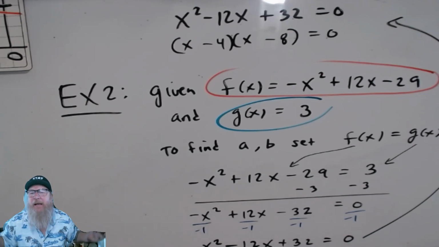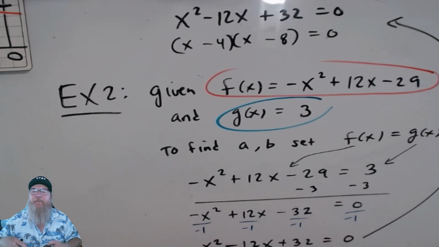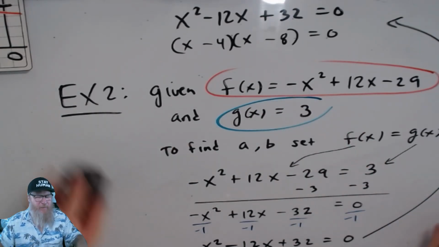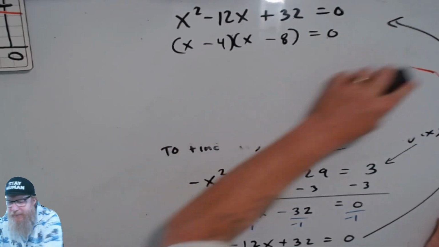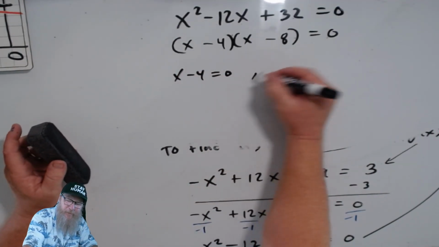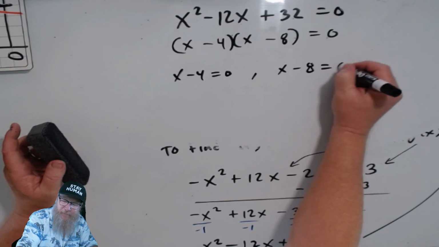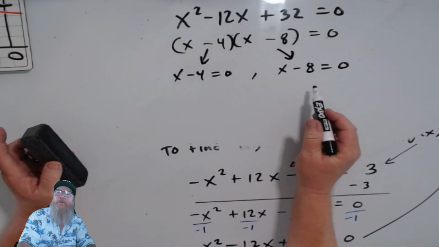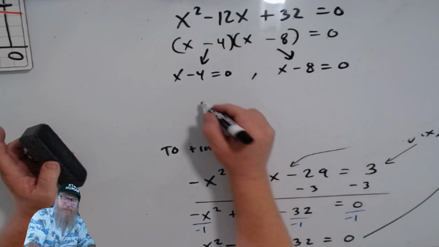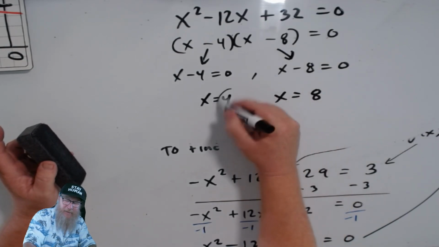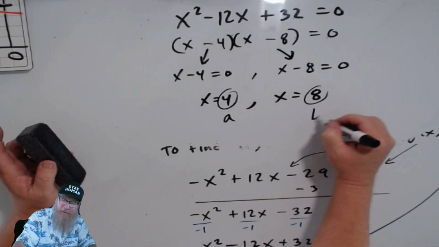I don't need a calculator, a computer, or a formula. I can just use common human intuition to solve this. So I get x minus 4 equals 0, or x minus 8 equals 0. So x is equal to 4, x is equal to 8. So there's your A and there's your B.